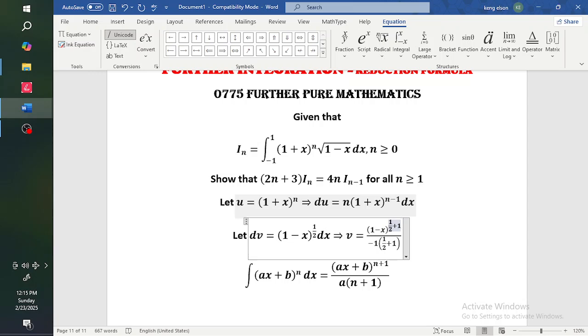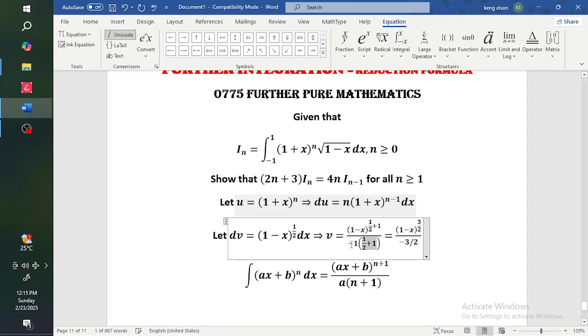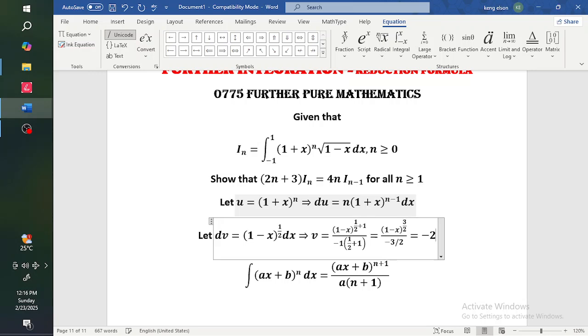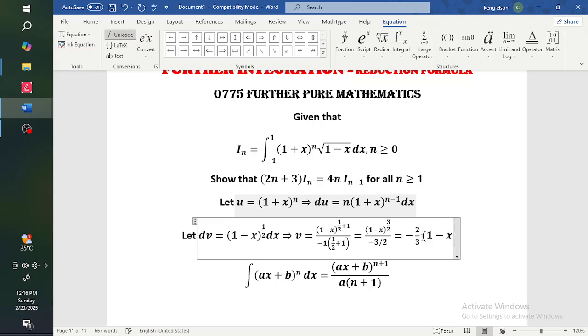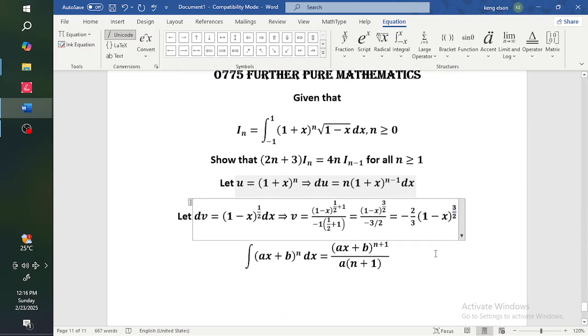So that's just a basic principle. Half plus 1 is 3 on 2, so in the numerator we have (1 minus x) raised to the power 3 on 2. Then in the denominator we have -3 on 2, because half plus 1 is 3 on 2, but there is a negative sign. So it just gives us -2/3 times (1 minus x) raised to the power 3 on 2. So that is what we have.